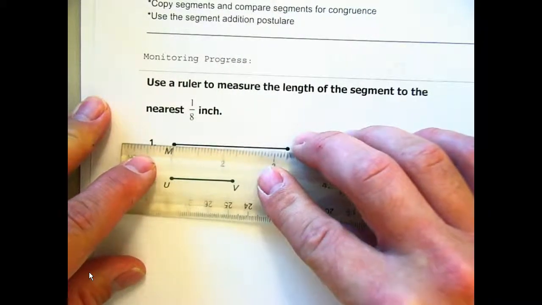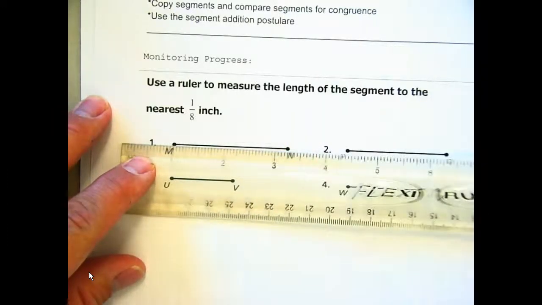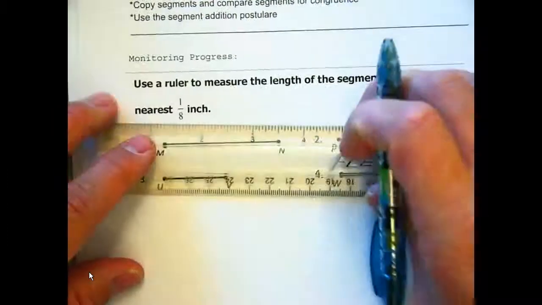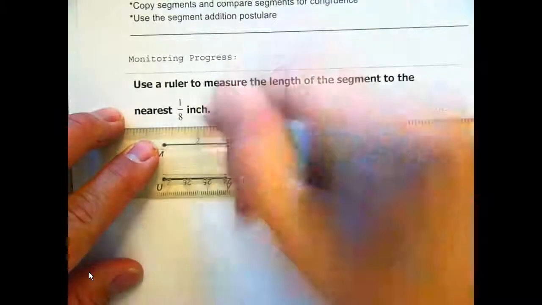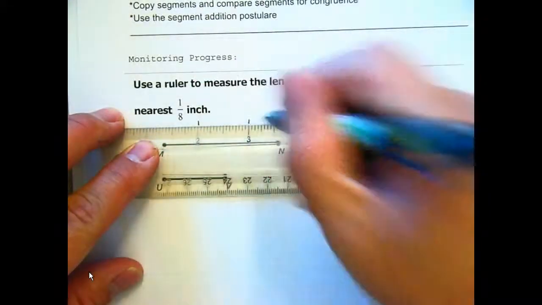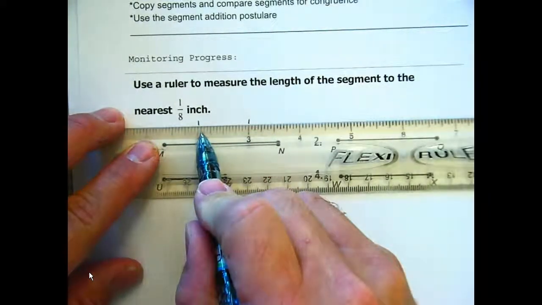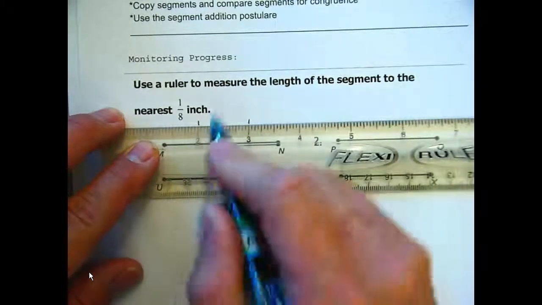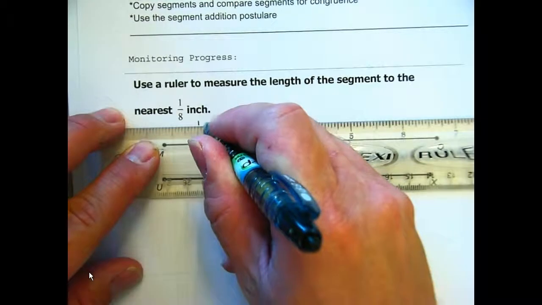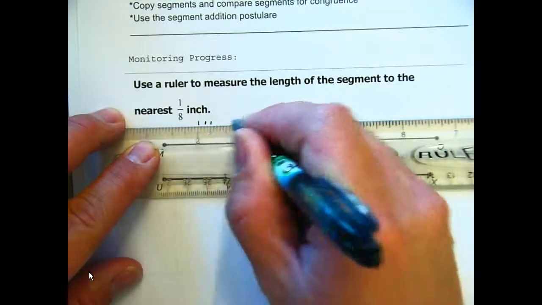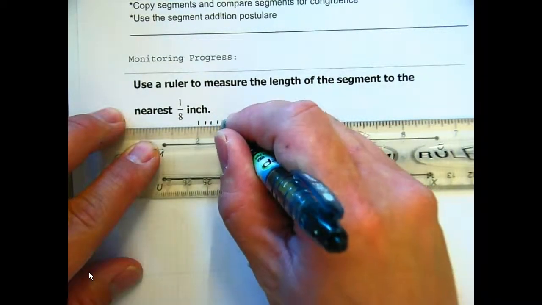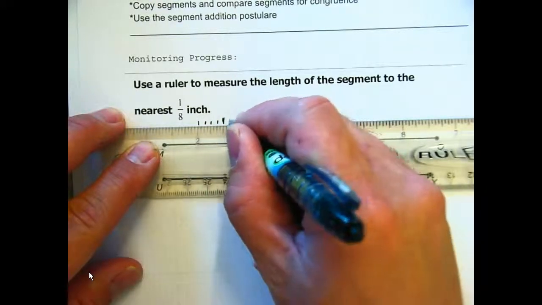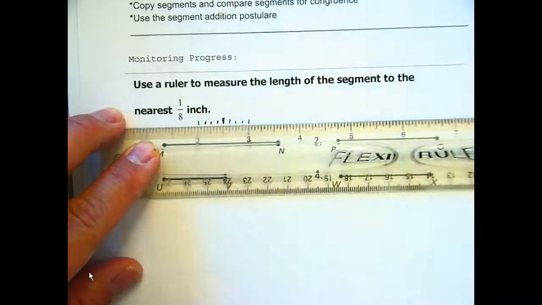Just remember, if I'm measuring this to the nearest eighth of an inch, for those of you who don't know, if this is my inch ruler, a ruler is usually broken into 16 equal parts when you're dealing with inches. Each of these little lines is 1/16. That means 2 of those lines is an eighth. So there's 1/8, 2/8, 3/8, 4/8, which is a half, 5/8, 6/8, 7/8.